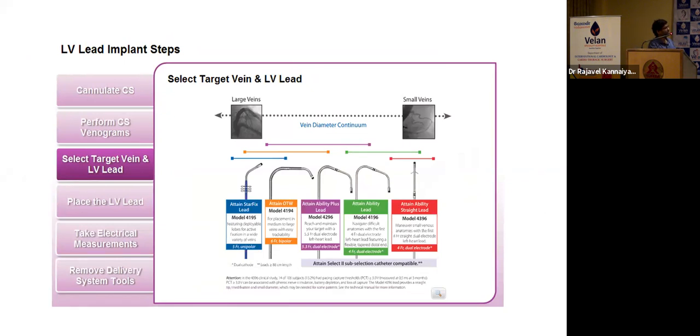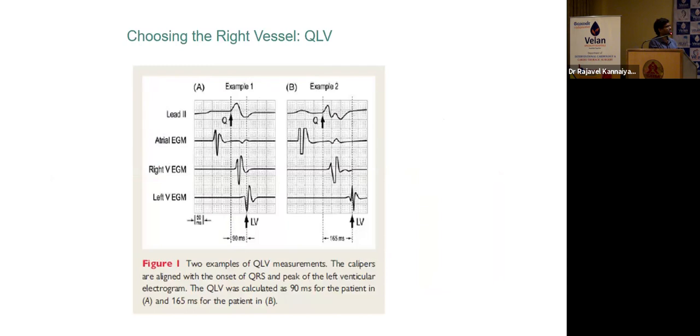So leads, unlike the other leads, RA and RV leads, we have different types. One is a straight lead. Others are canted. Canted means they have bends, either S shape or U shape. We can see different canted appearances of the LV leads. Next slide.